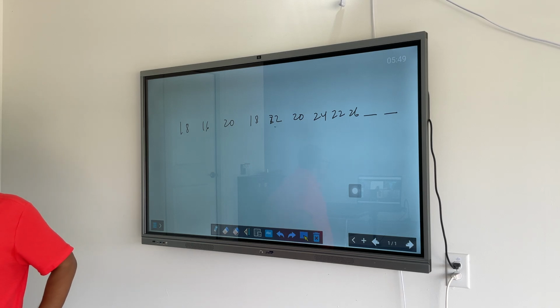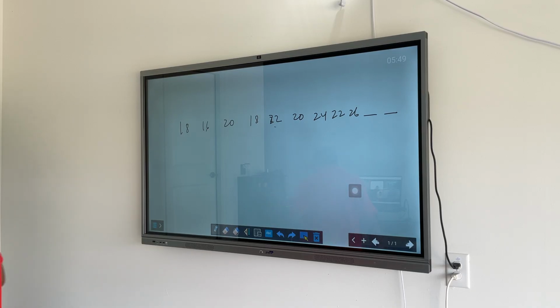Okay, how about Samanvita? The rule is -2 +4, and the missing numbers are 24 and 28. 24 and 28. Okay. How about you? Okay, you found the missing numbers, Mr. Mithun? What is that? 24 and 28.